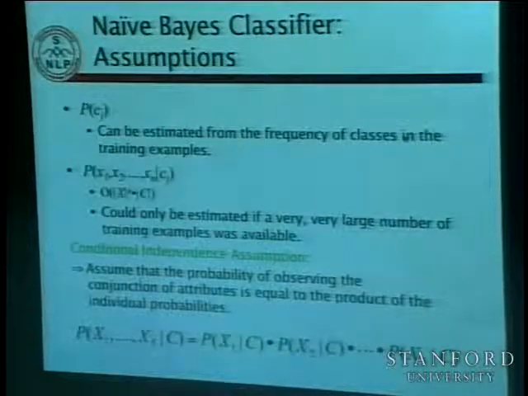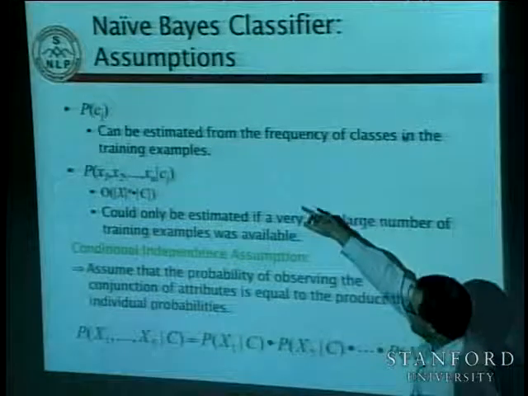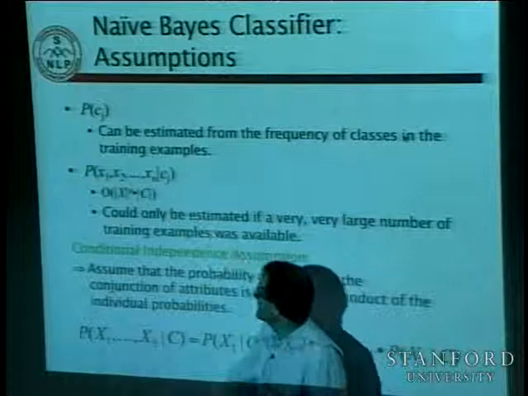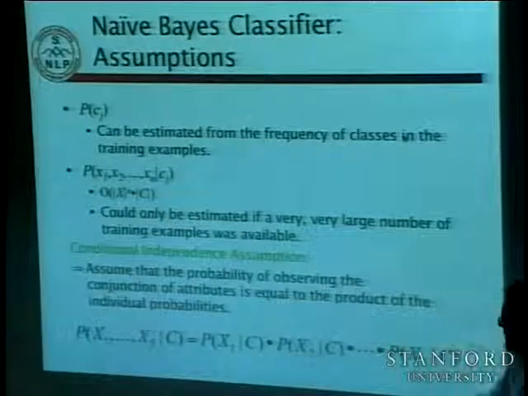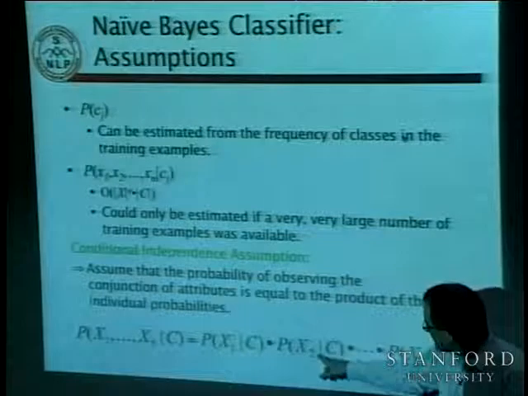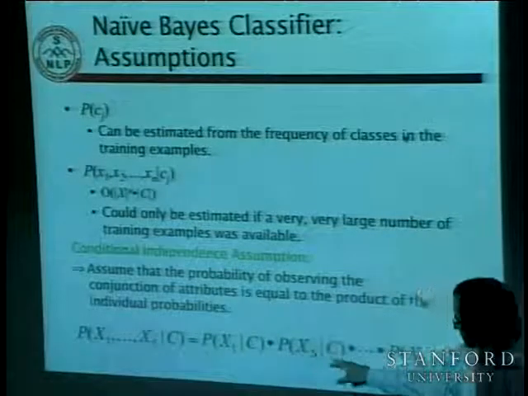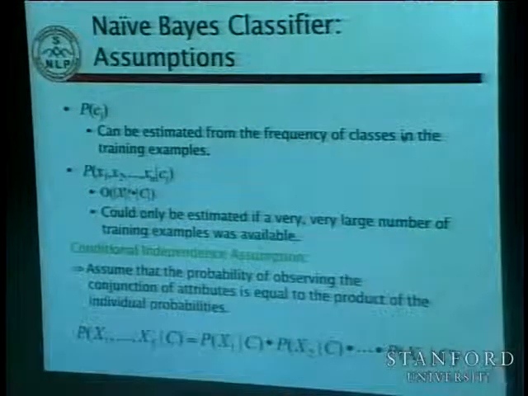And the naive bit comes in of saying, well, we can't possibly estimate this as a joint probability, so we make this conditional independence assumption where we pretend each thing is independent conditioned on the class, and so we just use estimates of this form.